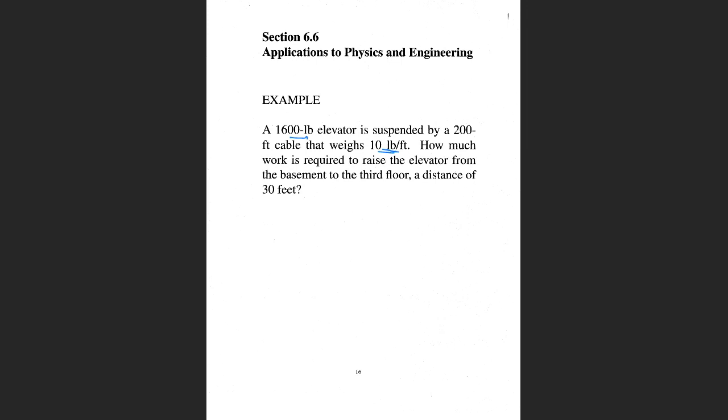In order to move that elevator 30 feet, we have to move the elevator 30 feet, but then I have to winch up 30 feet of cable as well. So it's a little more involved than the book problem, but in your homework for section 6.6, you have problems where you're pulling weights up, and so forth.